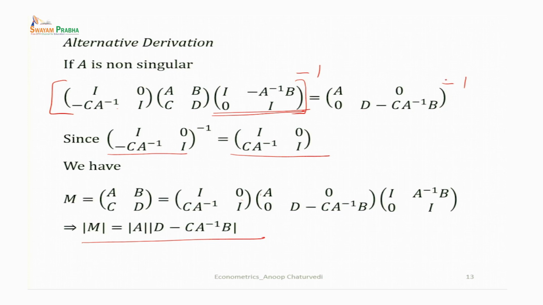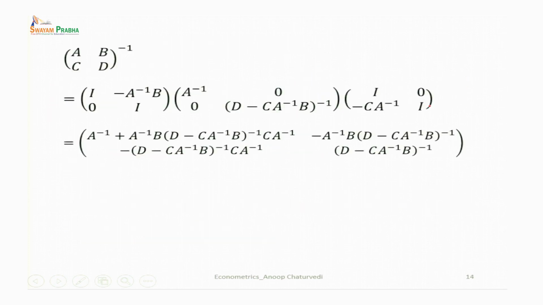Then you can easily obtain the inverse, which has A inverse here, 0 here, 0 here, and D minus C A inverse B whole inverse here. Finally, we take the product of these three matrices and you get this result.